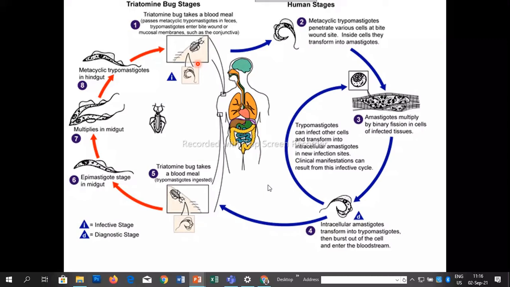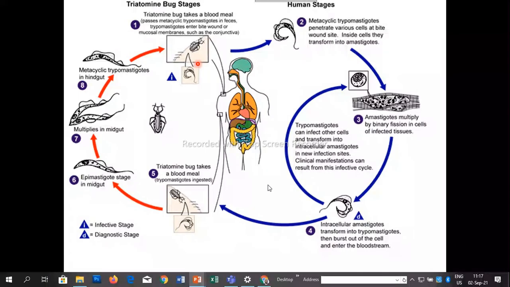Once the kissing bug comes to take a blood meal, it will defecate on the skin. Then the parasite within the feces will enter the body through the bite wound and penetrate the body.